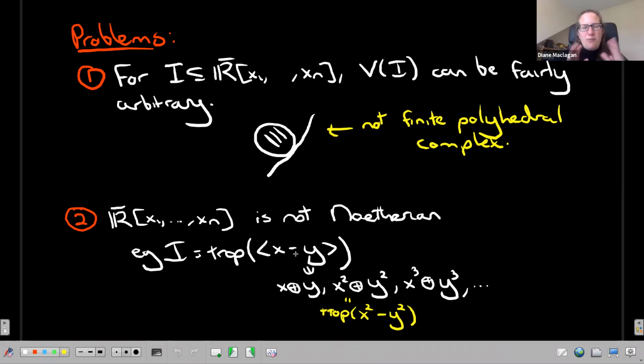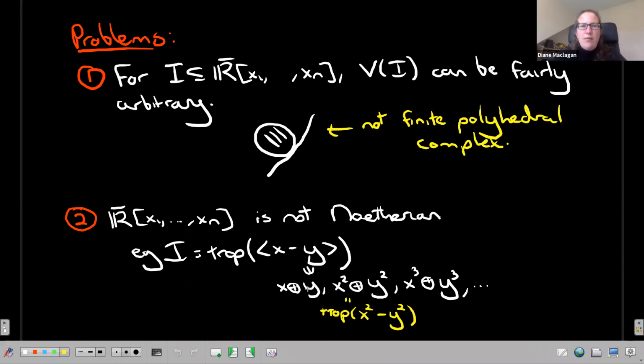And here's where we get a problem. X squared plus y squared is not a tropical multiple of x plus y. Any multiple you have, if it's going to contain an x squared, it'll have to be x plus y times x plus something, but then we'll get an xy term, and because there's no subtraction in the tropical semi-ring, we can't get rid of it.